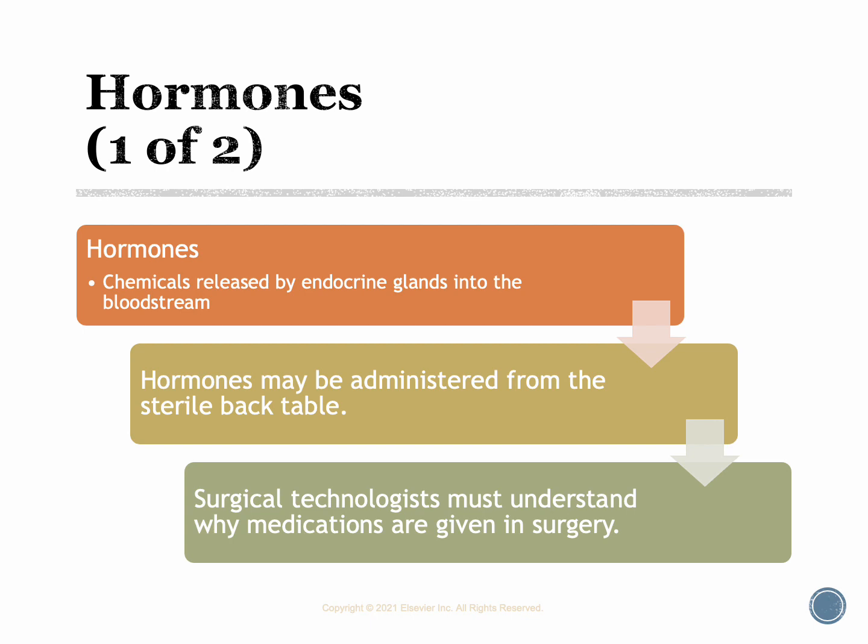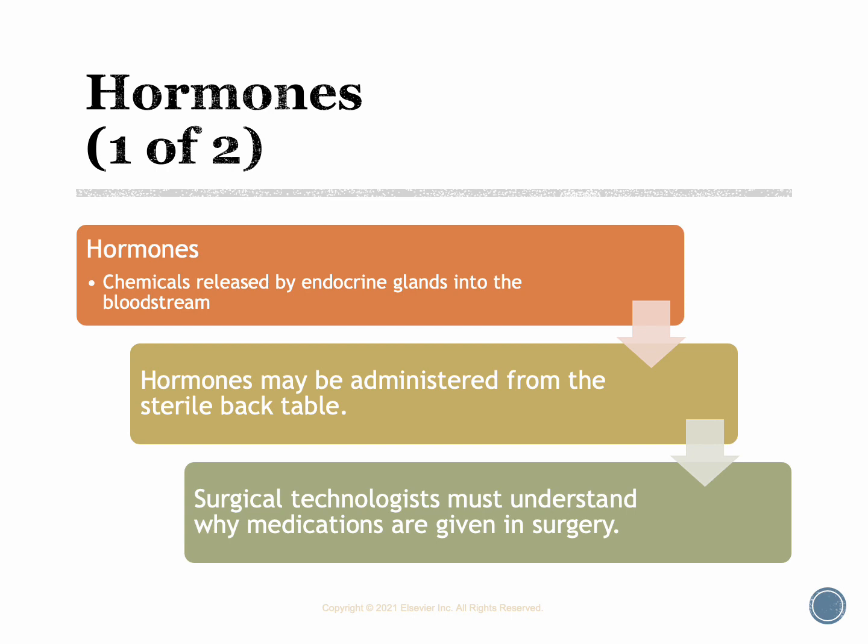It's important that we don't get endocrine glands confused with exocrine glands, which are those that excrete substances into ducts or body cavities. Now, remember, endocrine glands secrete hormones into the circulatory system. Now, granted, most hormones are administered as replacement therapy and not commonly administered from the back table.